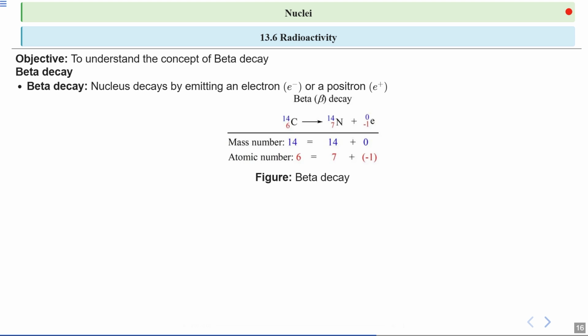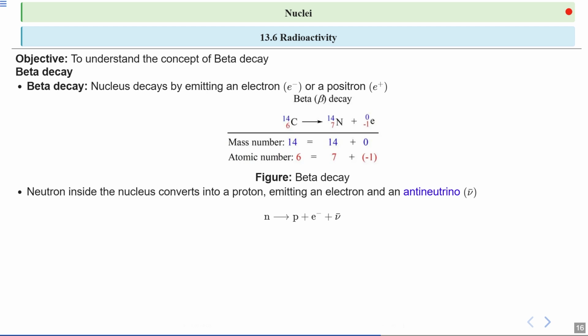So mass number is conserved. The atomic number for carbon is 6, and the atomic number of nitrogen is 7, and one electron, that is a beta minus particle, is emitted from the nucleus. So 7 minus 1, 6 on the right side also.